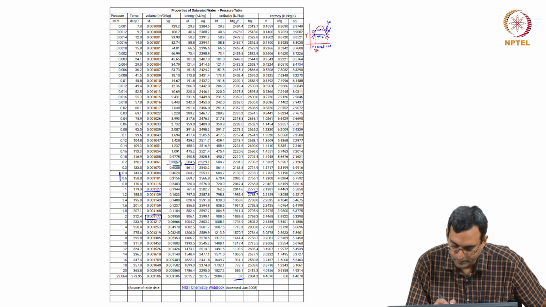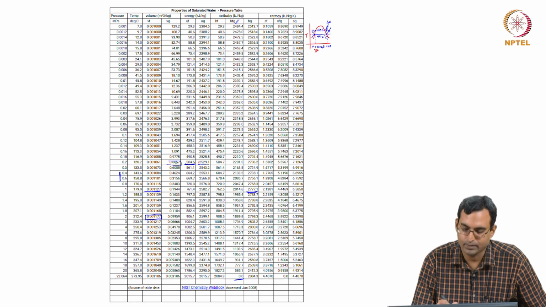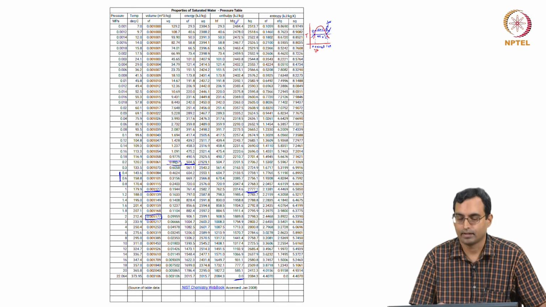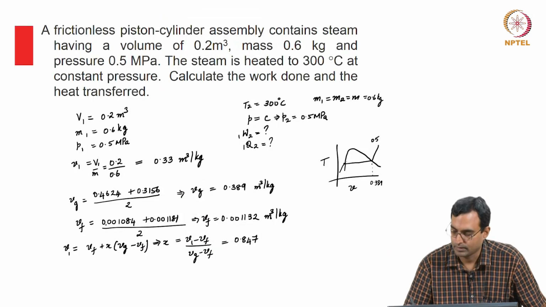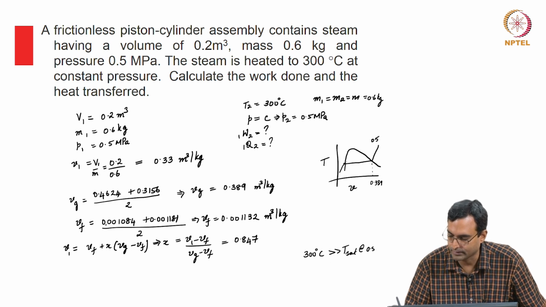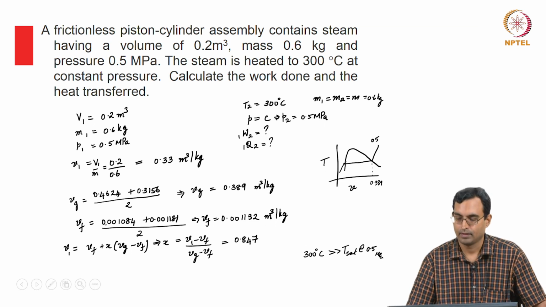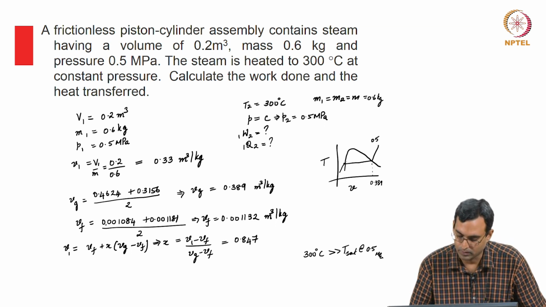At 0.5 the saturation temperature is between these two. 300 is much higher than this. So, 300 degrees centigrade is much higher than Tsat at 0.5 megapascal. Therefore, state 2 must be in the superheated region. So, I need to go and find out the superheated values.